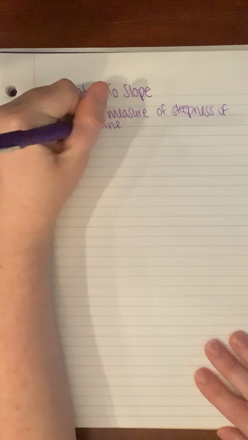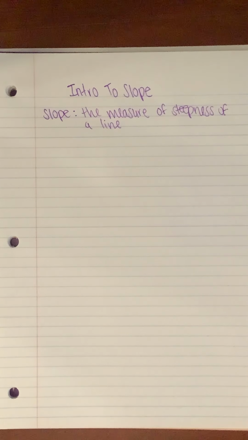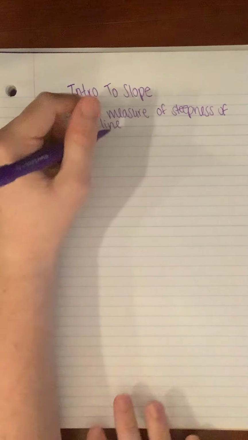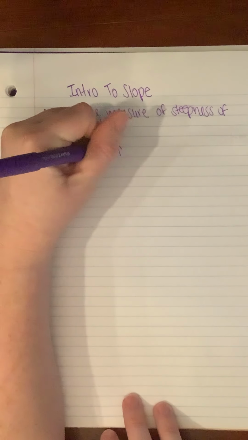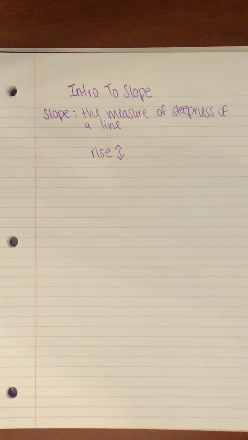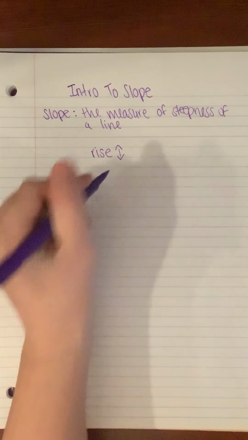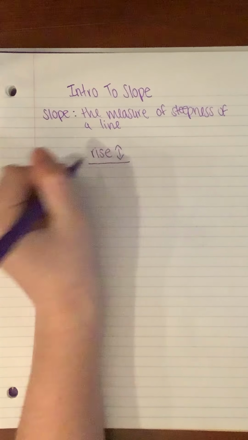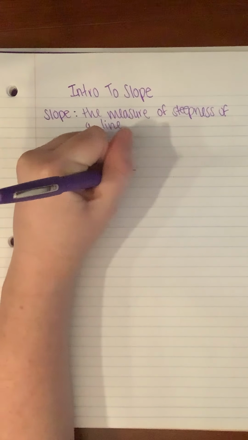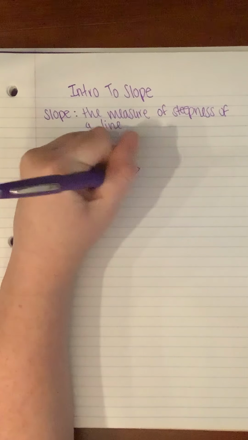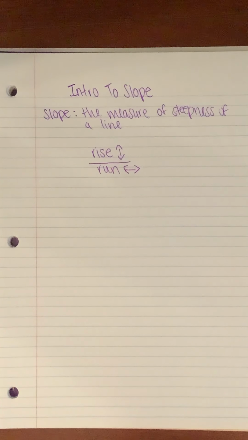And as we progress through this unit, you guys are only going to add on to your definition and knowledge of slope. So, we like to think of it as the rise of a line, or it going up and down, divided by the run of a line. So what does it even mean, rise over run?